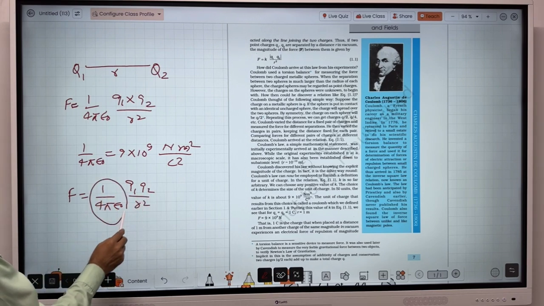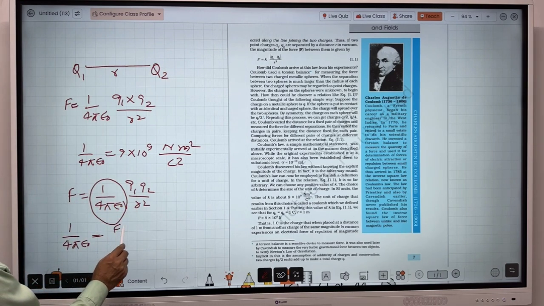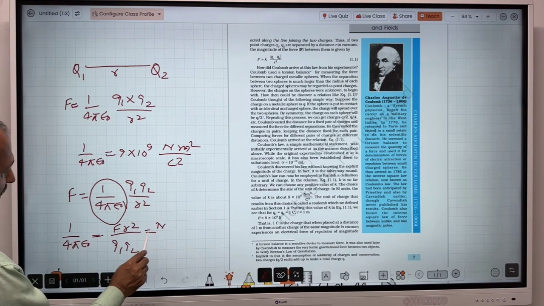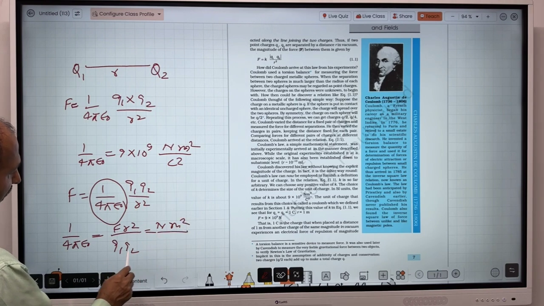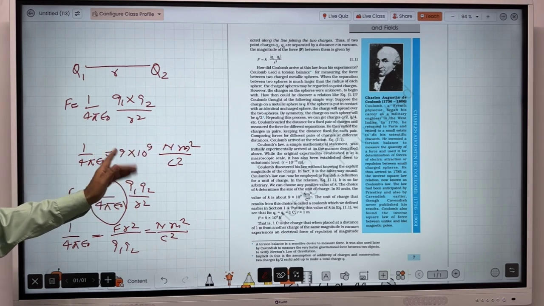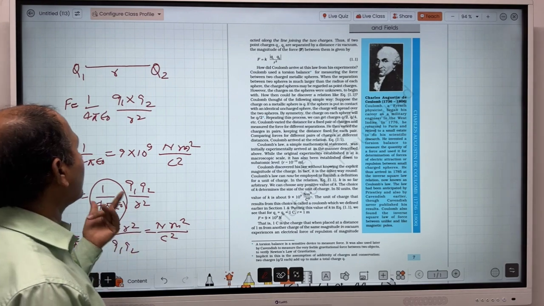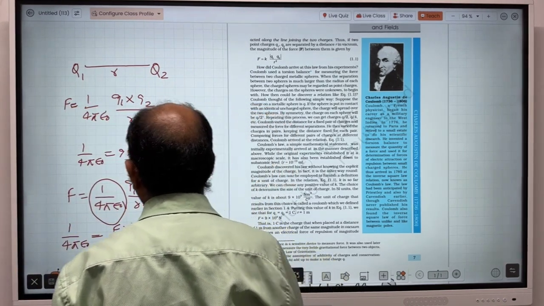Our concern is to find this quantity, so keep 1 upon 4 pi epsilon naught as it is, and shift the rest to this side: F R square divided by Q1 into Q2. Now put the units. F is in Newton, R square will be in meter square, divided by charge, which will be Coulomb square. So we have got the unit. And you can also find the value of epsilon naught. You can shift this epsilon naught to this side, with 9 into 10 power 9 in the denominator, then simplify: 8.85 into 10 power minus 12. You will get that value also.